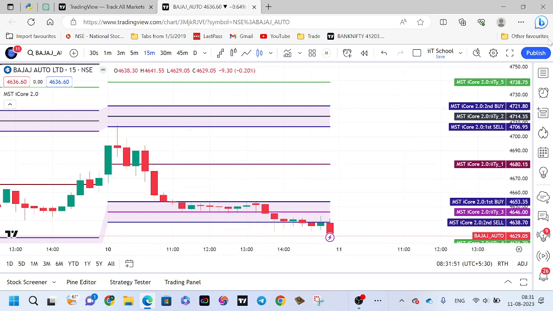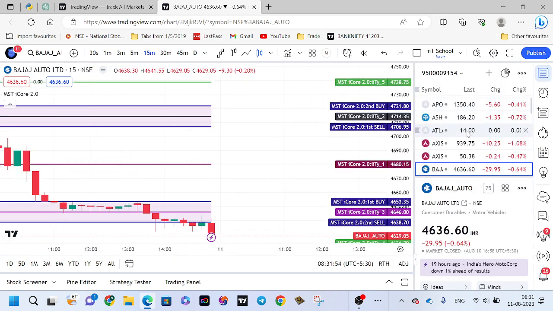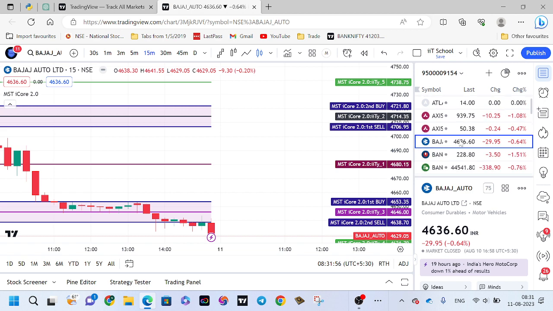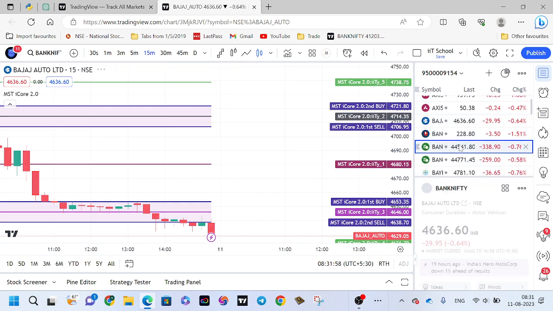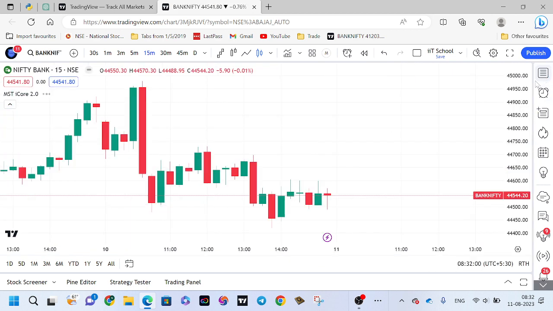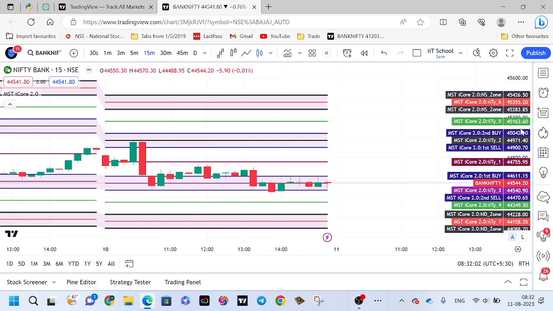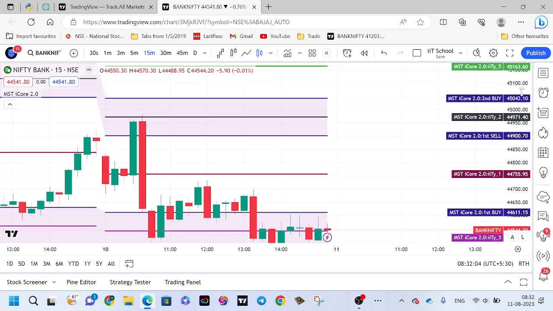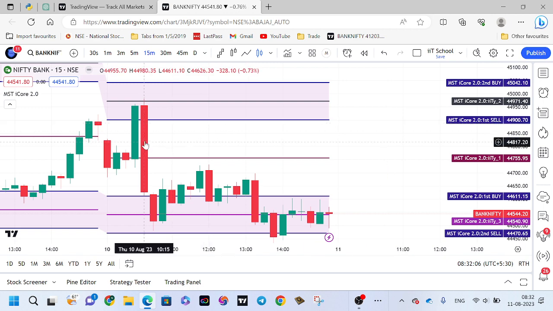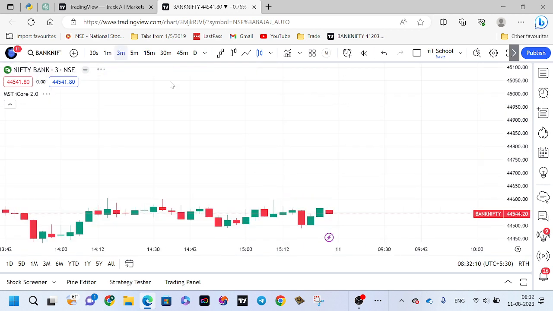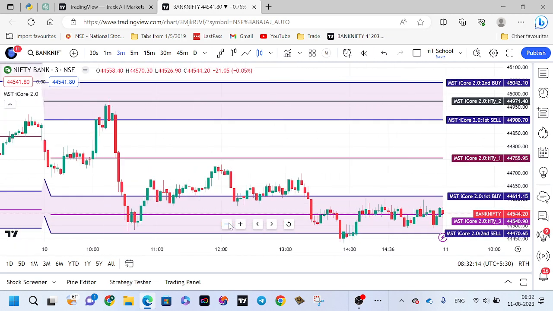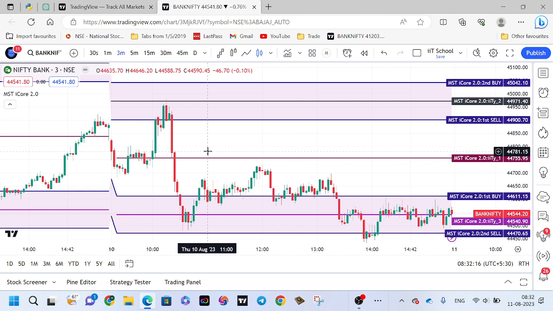Now coming to Bank Nifty. This is Bank Nifty. Whenever we see such a Bahubali candle, as I have told you, we have to wait for the market to go a little further.